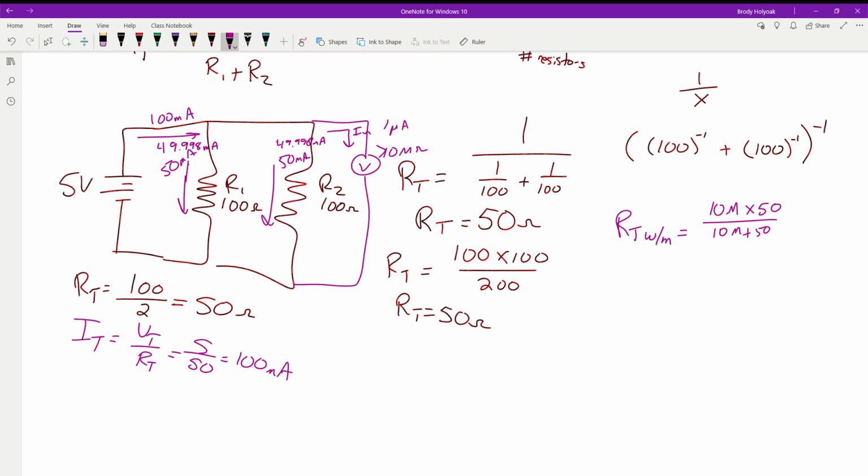How many nines do we have? 6 nines. Okay. The amount of variation that we're going to get is so small.